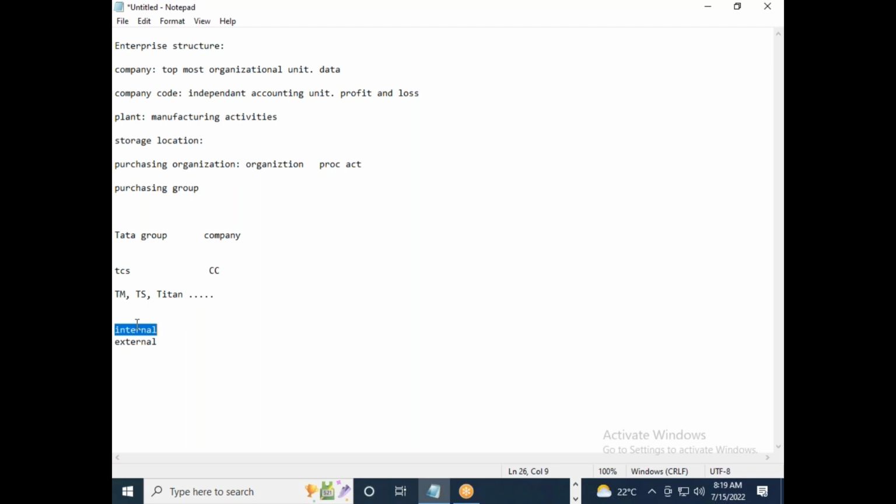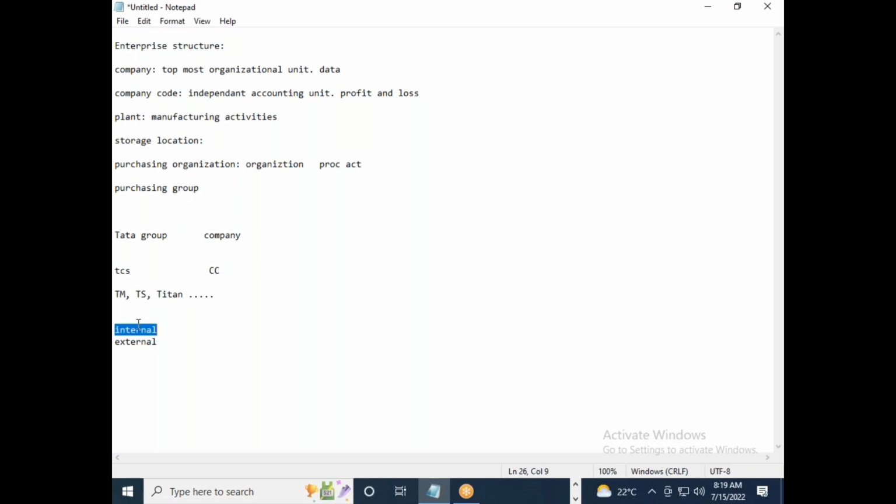Suppose there is a Hyderabad plant, and it wants some material to manufacture a product. If this Hyderabad plant is getting the material from the Mumbai plant or Chennai plant or Delhi plant, that is internal procurement.